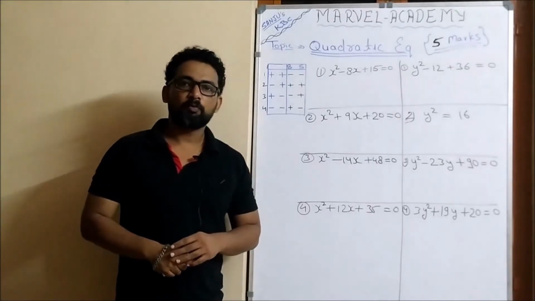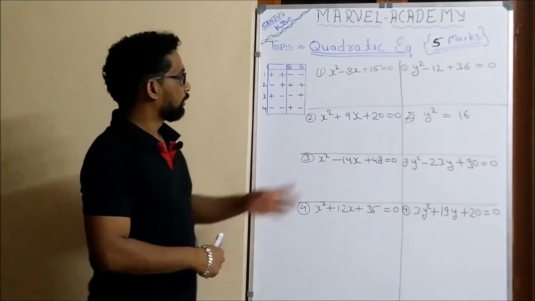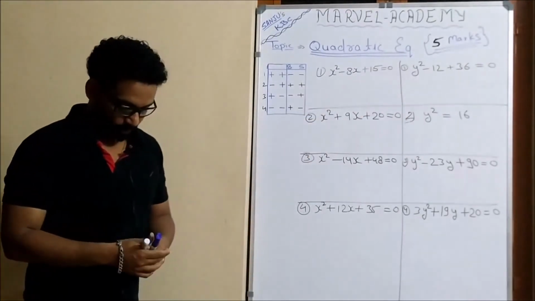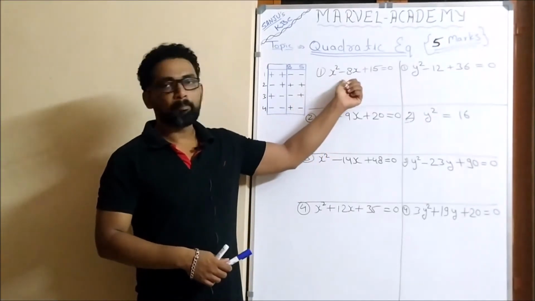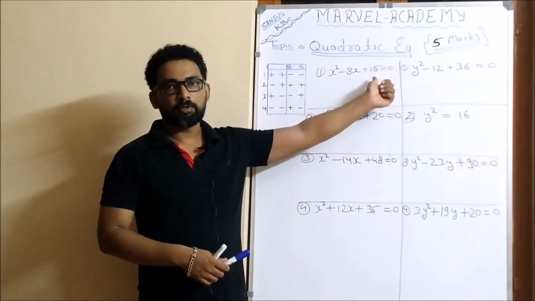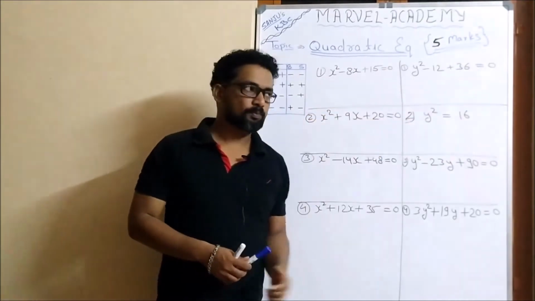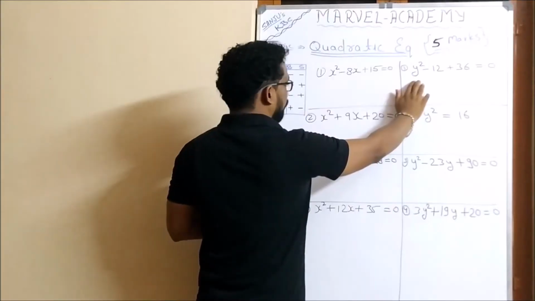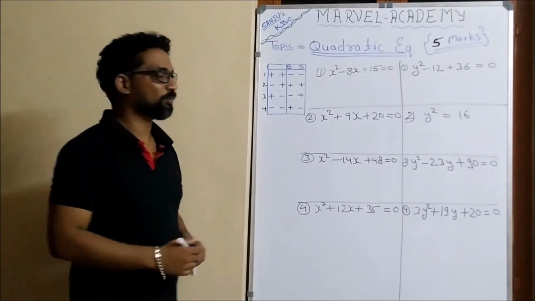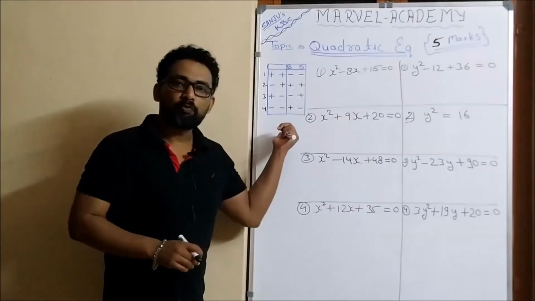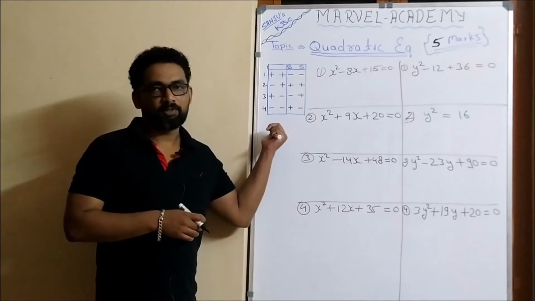Now we will move to questions. So these are the types of questions. First question is x square minus 8x plus 15 equals 0. Next, the value of y is y square minus 12y plus 36 equals 0. Now you will learn how important this table is.